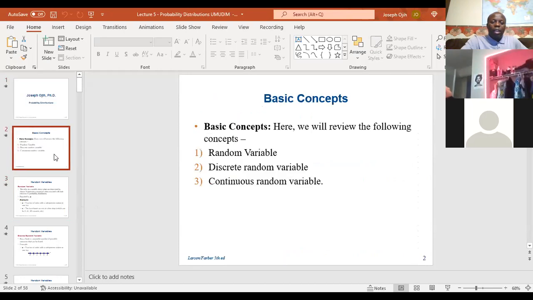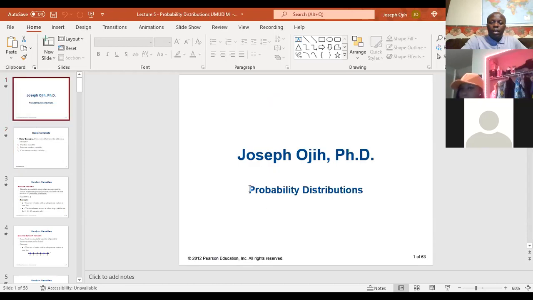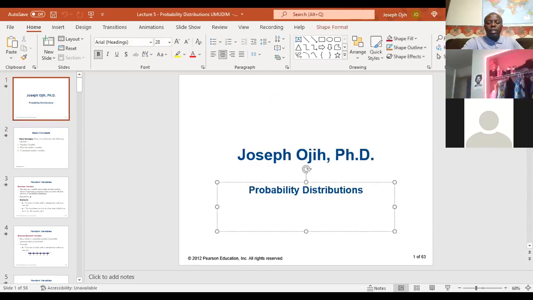Like I said, today what we have is, actually this is supposed to be discrete probability distributions.